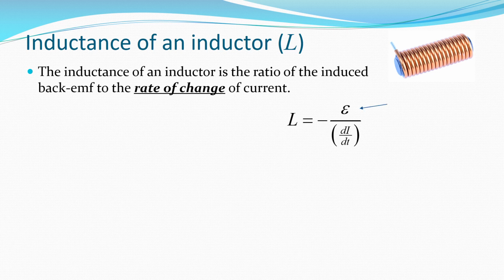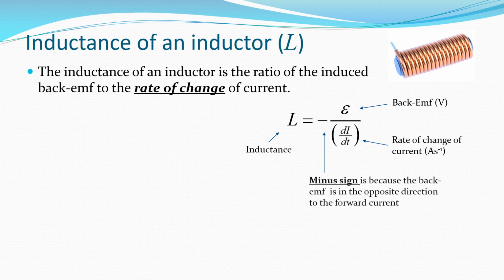So epsilon here is the back EMF measured in volts. dI with respect to dt is the rate of change of current, amperes per second. And L is inductance. The minus sign is because the back EMF is in the opposite direction to the forward current. We see this on the relationship sheet.